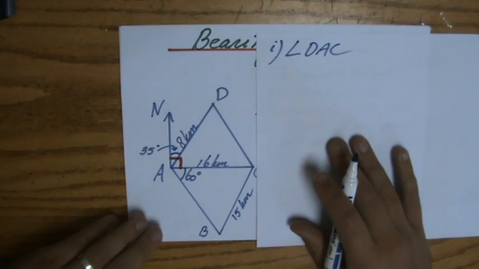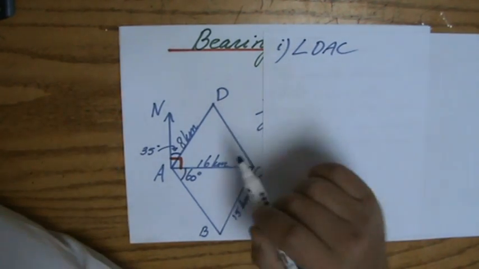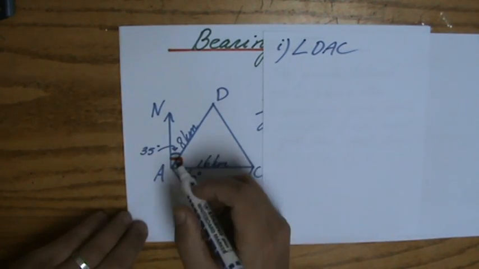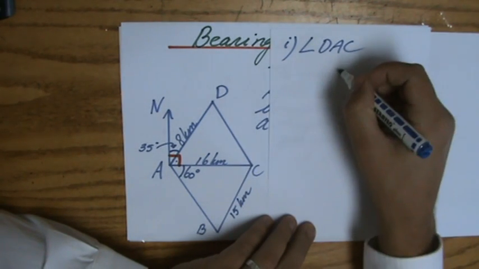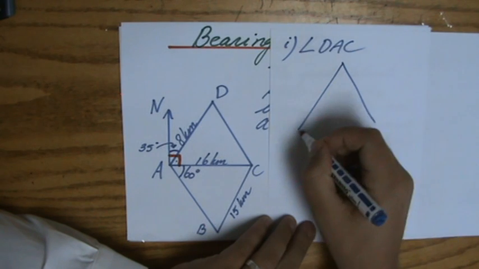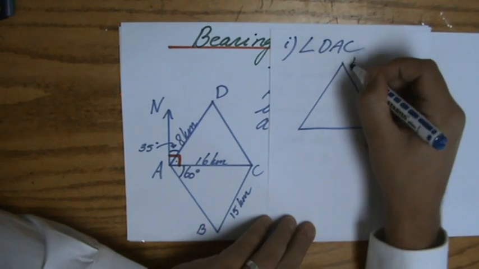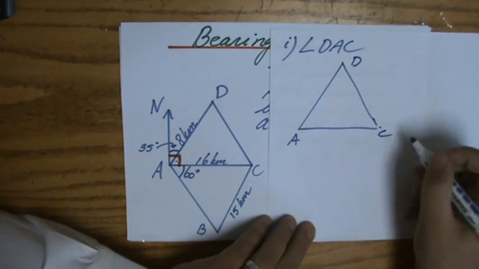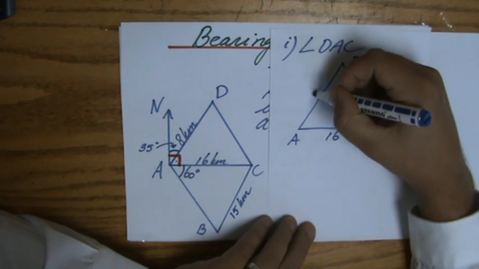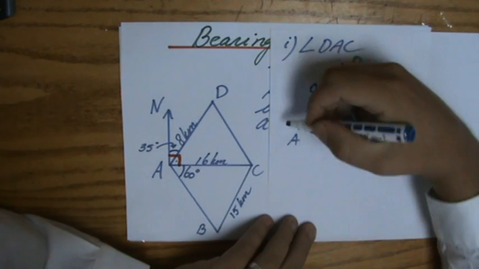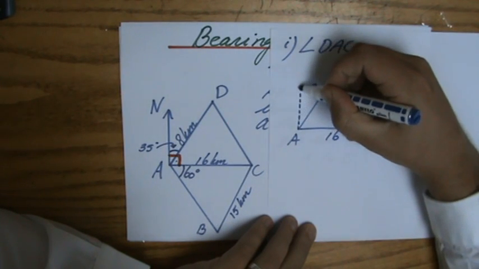If I put it next to my diagram, DAC is the angle over here. Let me draw that triangle DAC and put in the information: 16 kilometers, 8 kilometers, and the 35 degrees from due north.